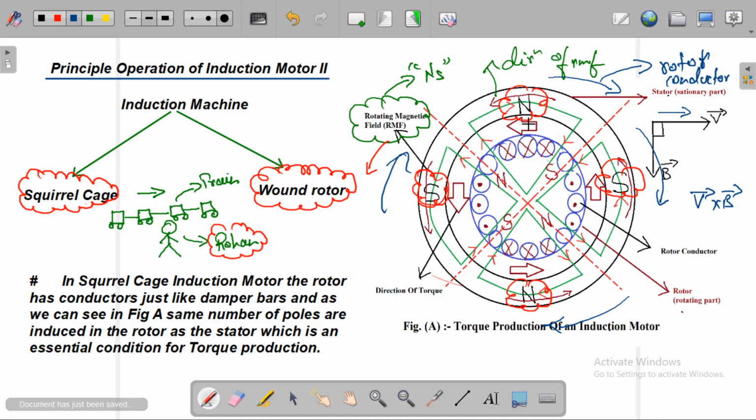And as we know, in the North Pole the magnetic lines of force go out of the pole. So the direction of the magnetic field indicates the downward direction, like this.